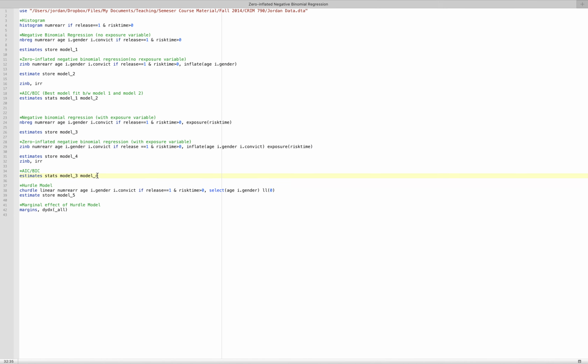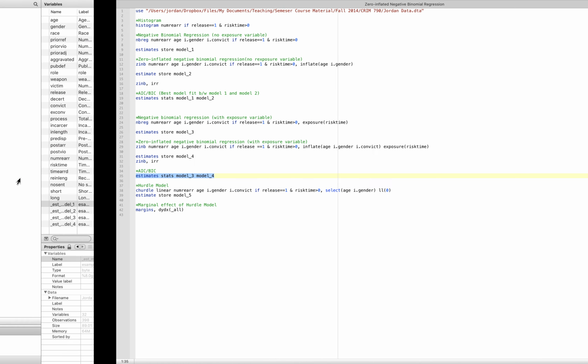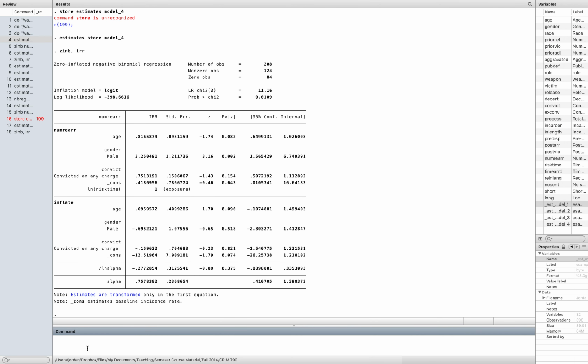But now, if you want to do the AIC and BIC to see which model is a better fit for the data, the negative binomial regression or the zero-inflated negative binomial regression, do estimates stats model 3, model 4, because those are the second models that we ran that had the exposure variable in there.